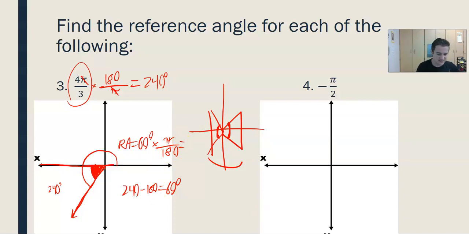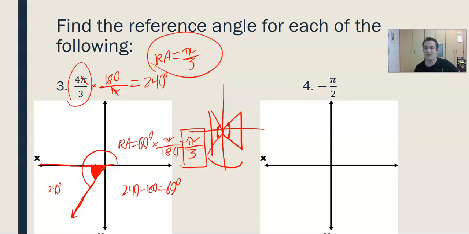So 60 divided by 180 written as a fraction is 1/3 pi, or pi over 3. So my reference angle, the reference angle for 4 pi thirds is equal to pi thirds. My reference angle, or the angle between the terminal side and the x-axis, is pi thirds.